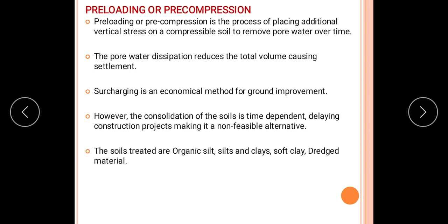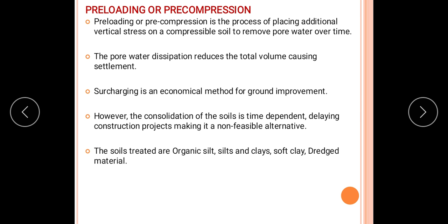Let us understand the meaning of preloading here. Preloading or pre-compression is the process of placing additional vertical stress on a compressible soil to remove the pore water over time. By placing a heavy vertical load onto the compressible soil, we can remove the pore water.